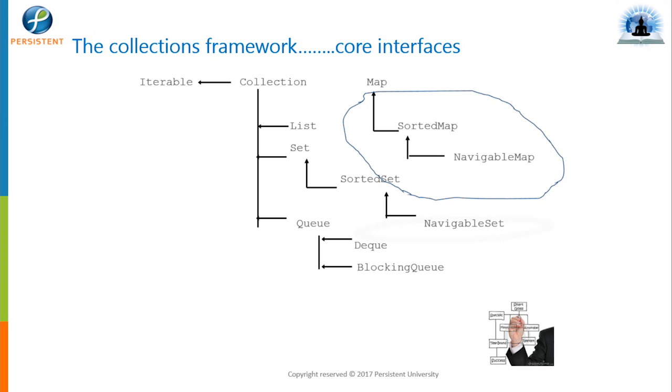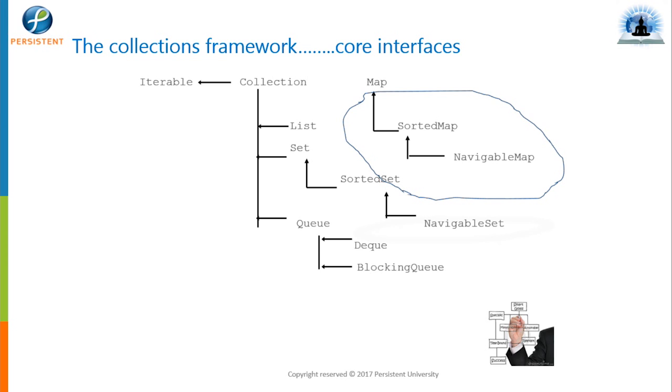To start with the collection interface: if you see, the base-most interface here is the collection interface, right? And from the collection interface we have mainly 3 derived interfaces. If you observe this diagram, you can see that from the collection interface we have 3 interfaces: list, set and queue.